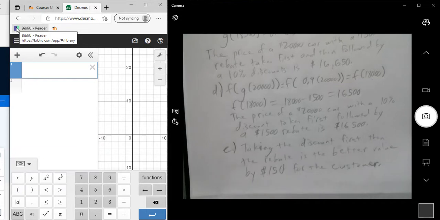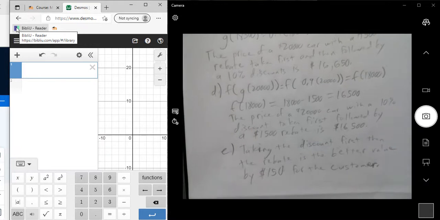Okay, now number 5, it says the following table gives some conversions from US dollars to Canadian dollars in October 2017. Then it says the next table gives some conversions from Canadian dollars to euros on the same day. Use the two previous tables to complete the following table for converting US dollars to euro on the same day in October 2017.